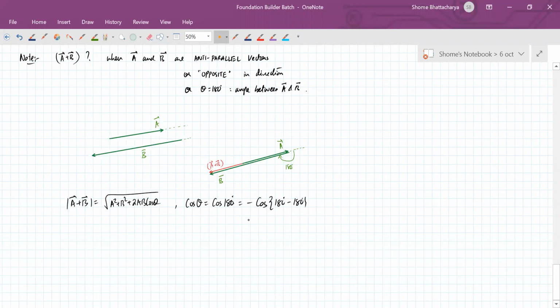Yes. So that is minus cos 0, which is minus 1. So this is the important thing, that cos 180 degrees is minus 1. So you substitute that over here and you get the formula.